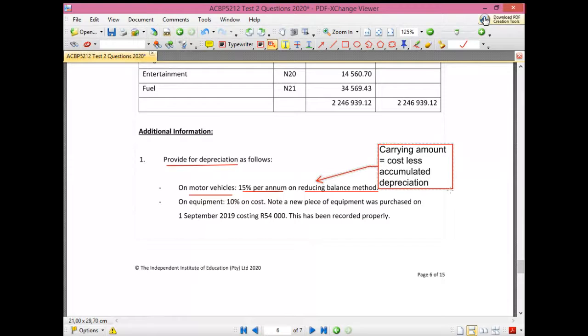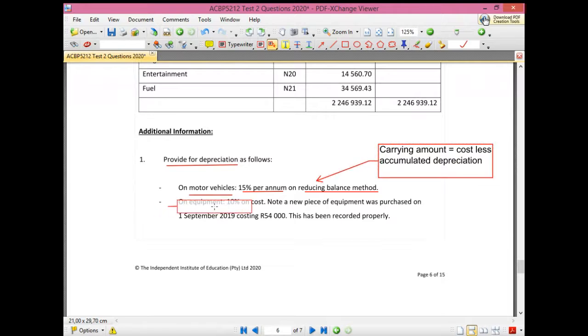Okay, they do not indicate any additional information of purchases during the year, so you would only take the information as is in the trial balance. If we look at the equipment, we've got 10% on cost. And then they tell you a new piece of equipment was purchased on 1 September for 54,000 and has been recorded.